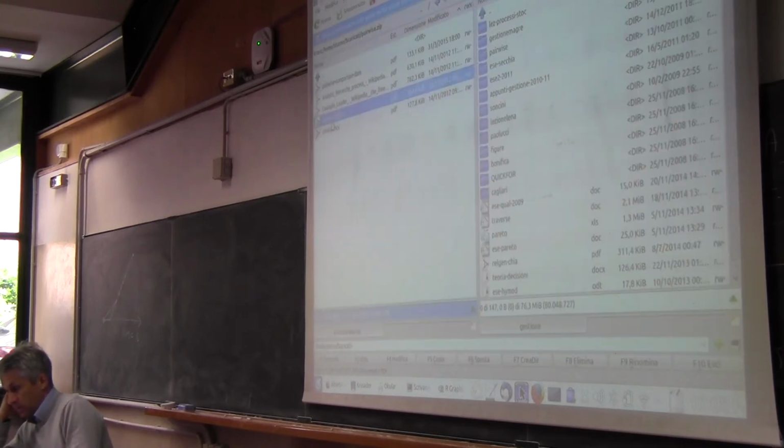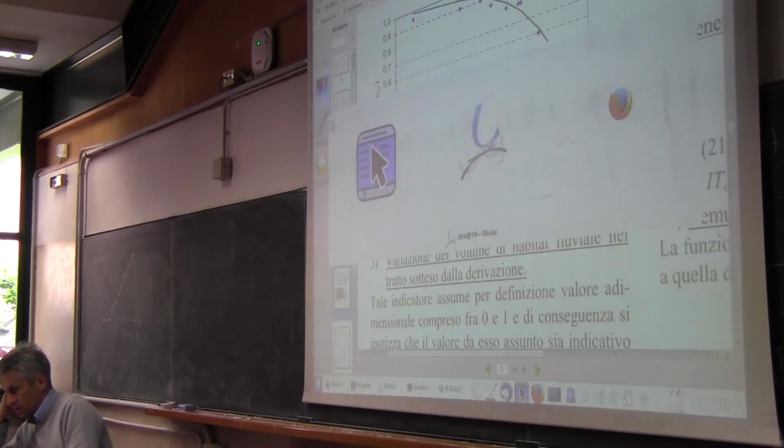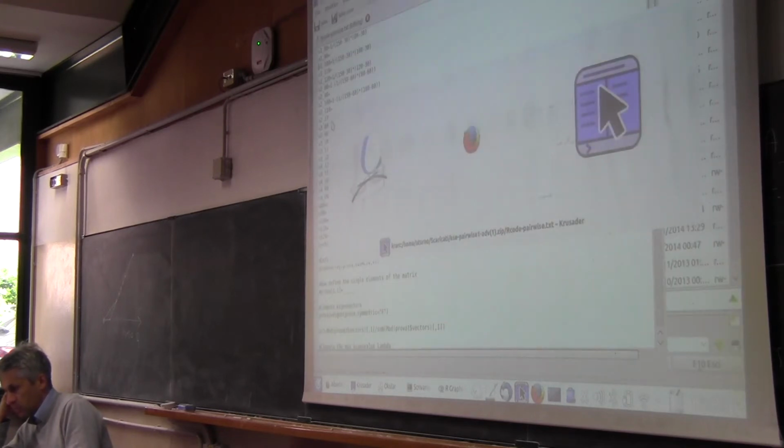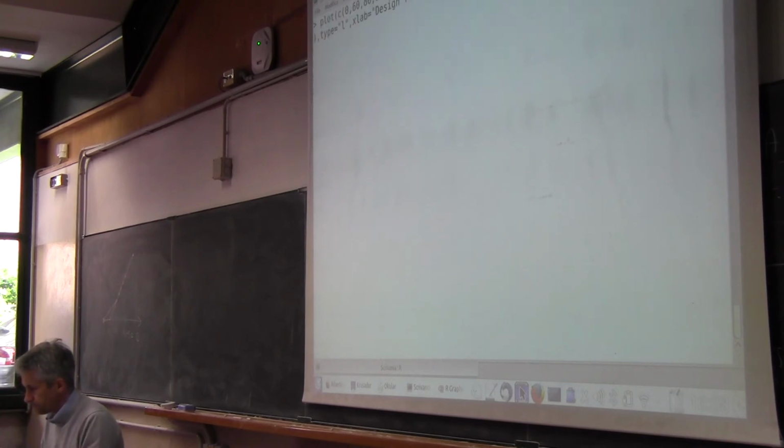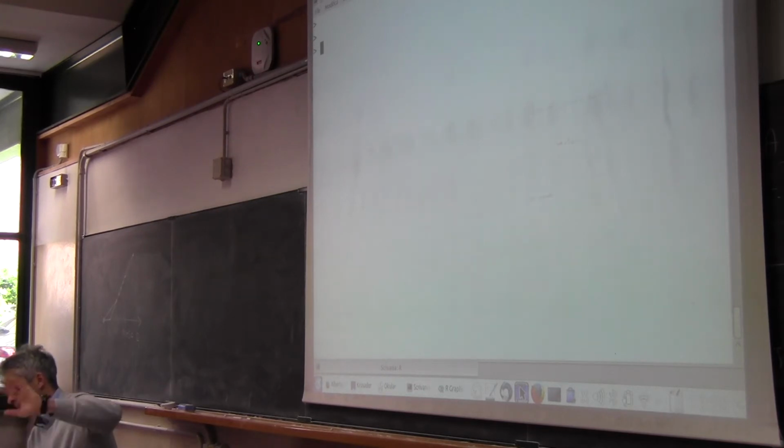Okay, so basically we have defined so far our utility functions, and then we have to move forward. Let me go back to R. Okay, so here we are. We have the utilities. Now we have to turn to the problem of defining the weights. Because of course, we now have the single utilities, we have to combine them.